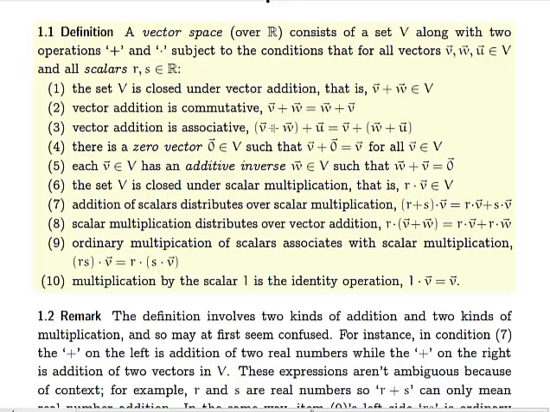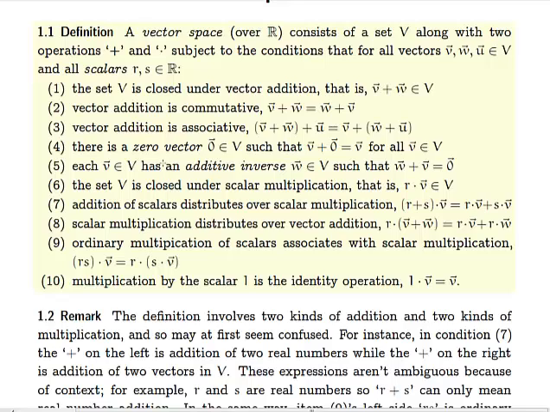In fact, you'll use the same proof to show 7, 8, 9, and 10, that these 4 are also true, because they hold for the larger set V, they'll also hold for the smaller set S. Okay, so we've got 1, 2, 3, 4, 5, 6, 7 down, 3 to go.